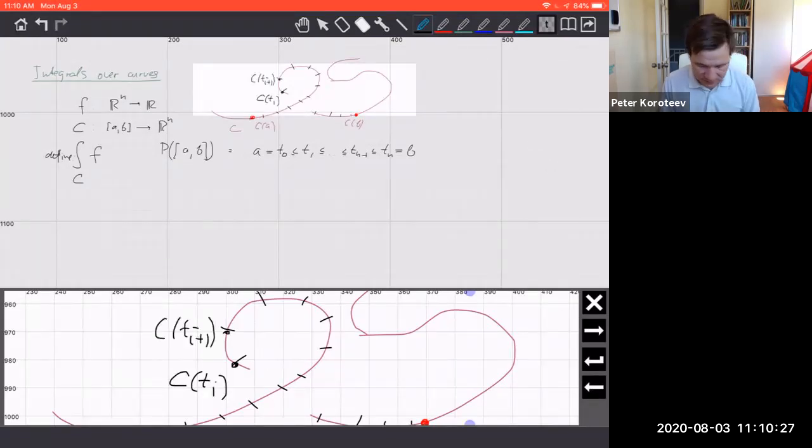Remember how we defined the arc length in space.